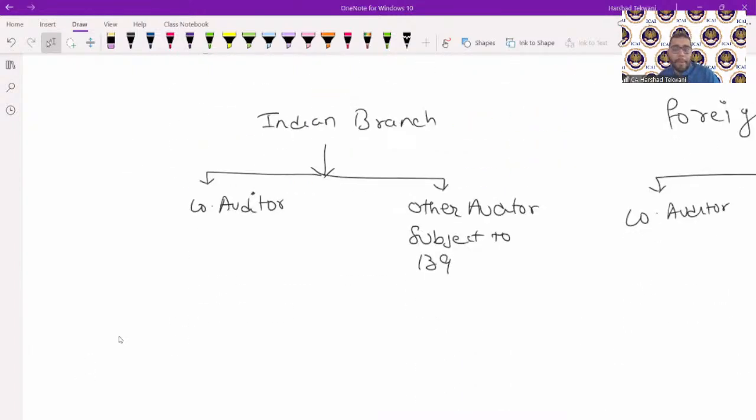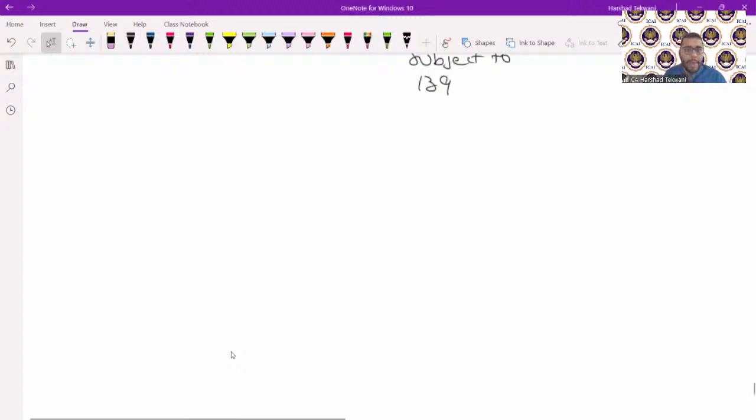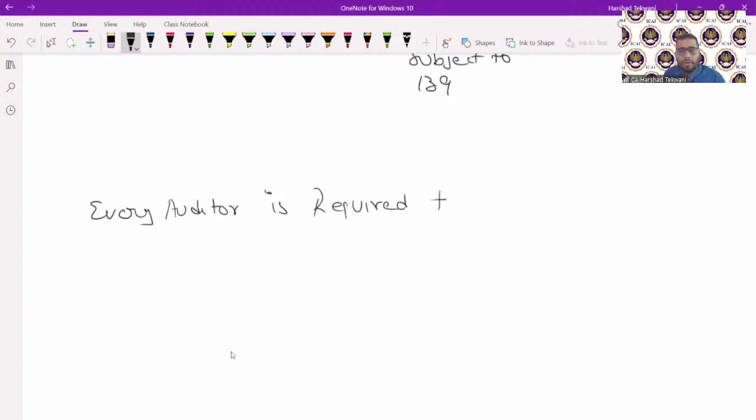Then every auditor is required to comply with auditing standards.